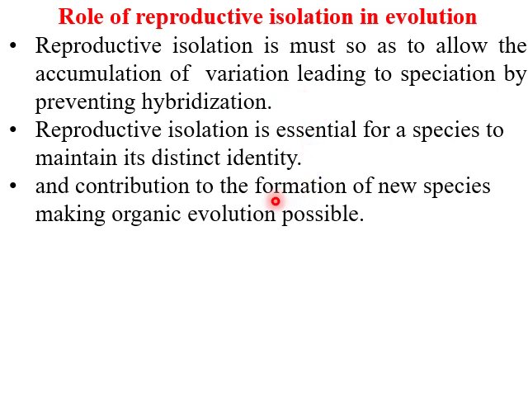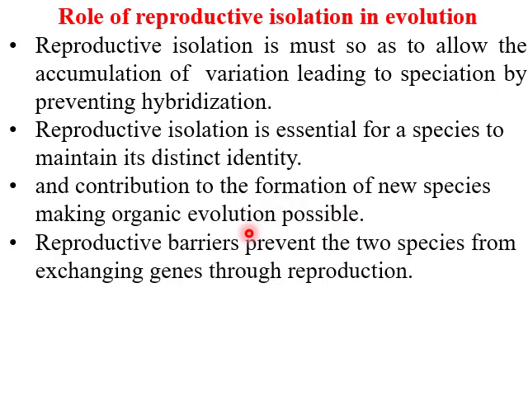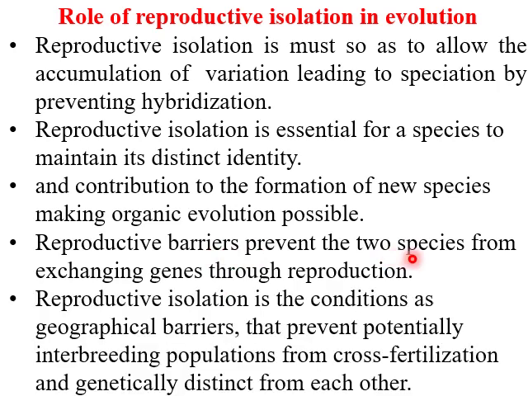Reproductive isolation contributes to the formation of new species, making organic evolution possible. These reproductive barriers must prevent the two species from exchanging genes through reproduction. Reproductive isolation is a condition in which barriers prevent potentially interbreeding populations from cross-fertilization, keeping them genetically distinct from each other.